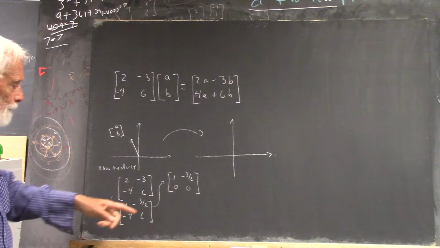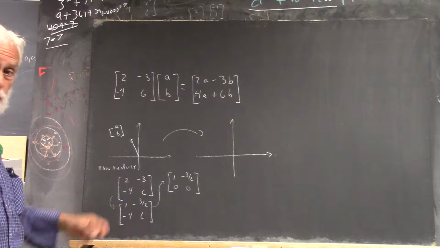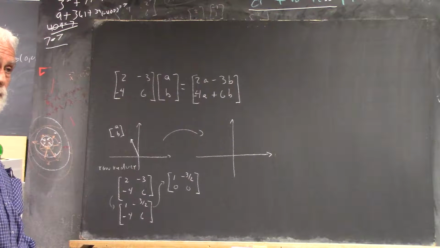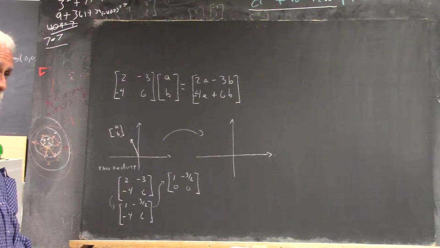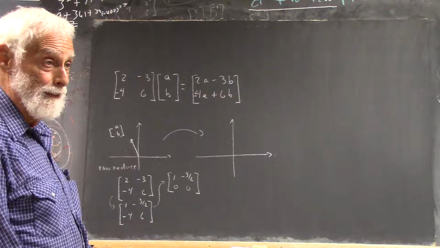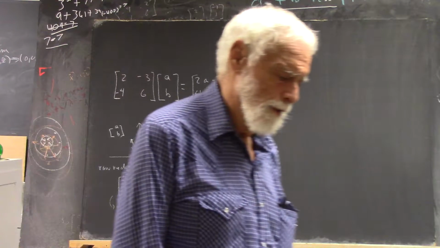Well, first of all, since the matrix reduces down to that, what's that tell you about these 2 rows? Someone said they're on the same line.